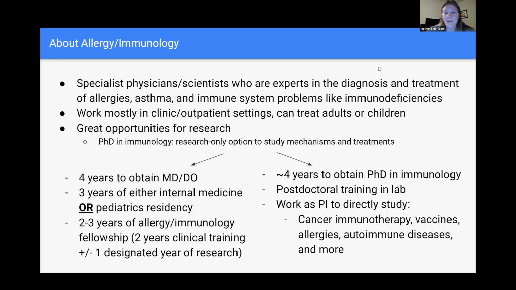You can work with either adults or children, depending on whether you do a pediatrics or adult medicine residency. The thing about allergy immunology that's really cool is that it has a lot of opportunities in research.